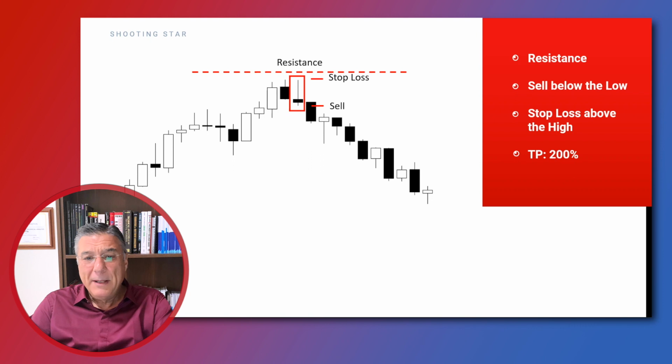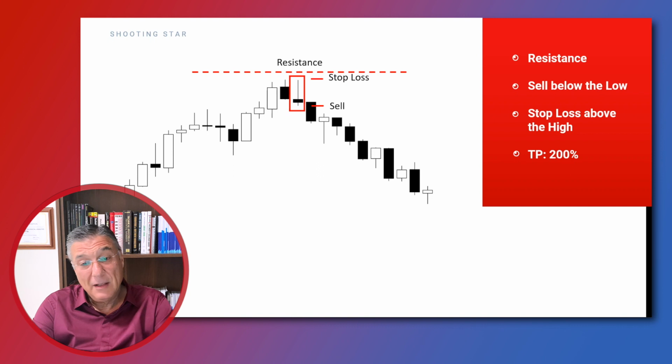Now, we place the protective stop loss in our trades just in case the market goes in the opposite direction. Nothing is 100% certain in this business or in any other business, and that's why we place a protective stop loss, to have a pre-calculated, predetermined loss just in case the market goes against us.